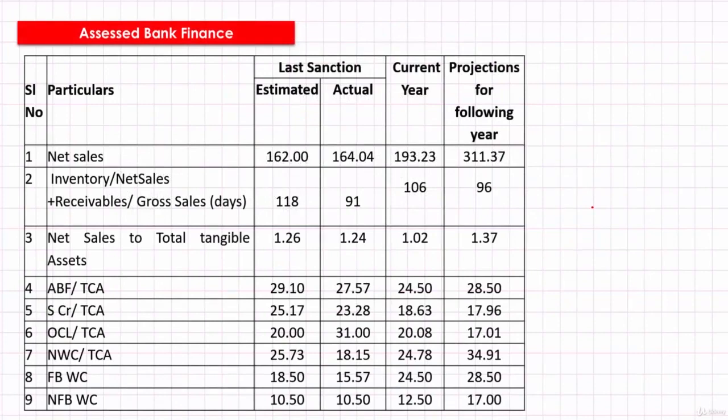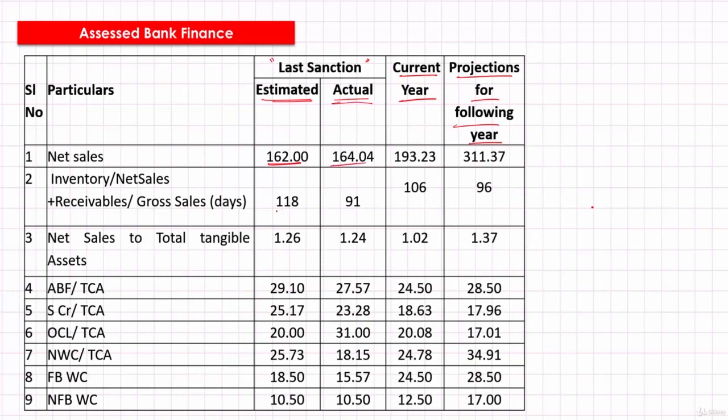Look here. We have last sanction details, then current year details and projections for the following year. Under last sanction details, look at the estimated sales. It was 162 crore. Actual is 164 crore. So well and good.